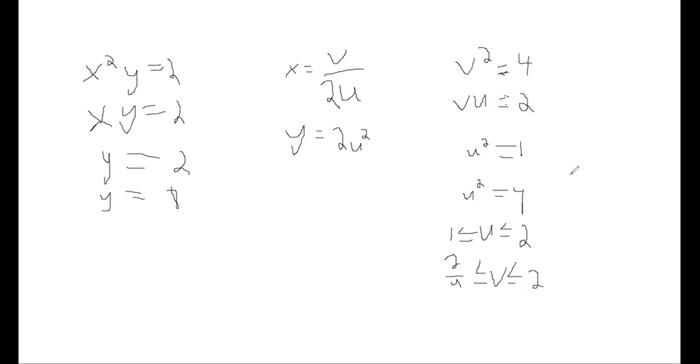The reason that we can tell that v is supposed to go from 2 over u to 2, not from 2 to 2 over u, is because we can just look at where u is. Obviously, for anything that u has in this interval, this is smaller. So this needs to be my lower boundary. So these are our boundaries.